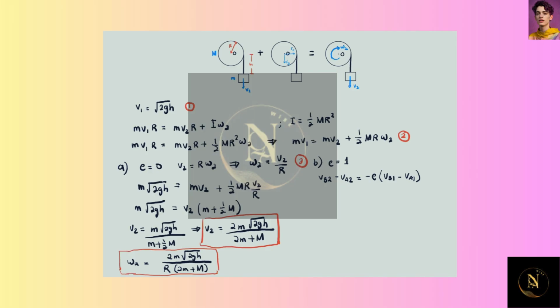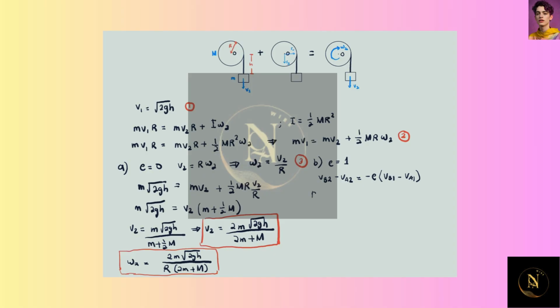So VB2 can be expressed in terms of r and omega.